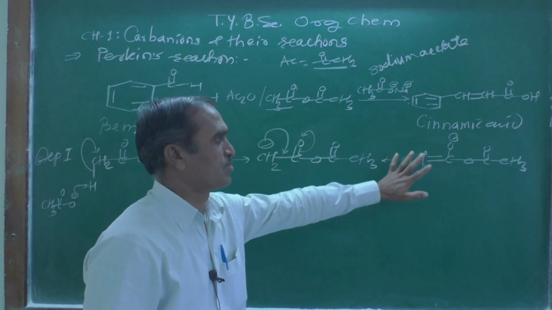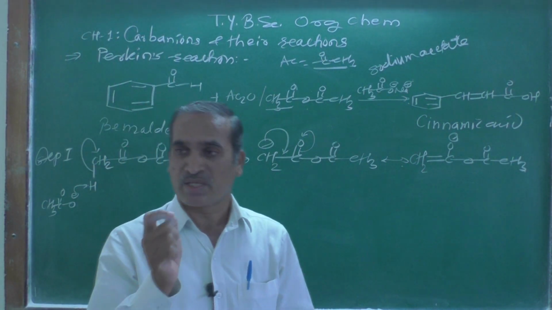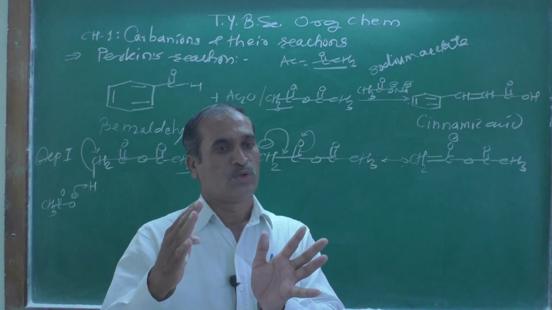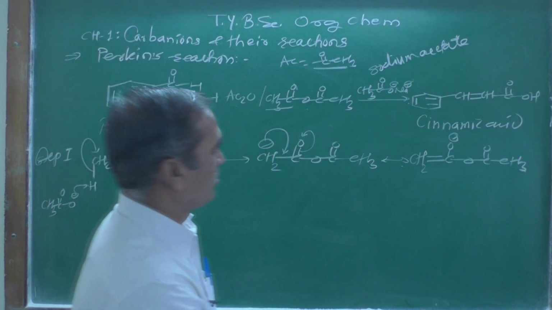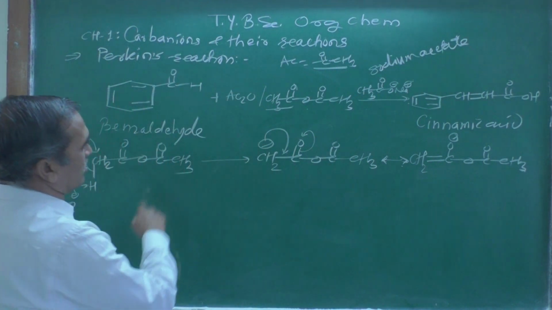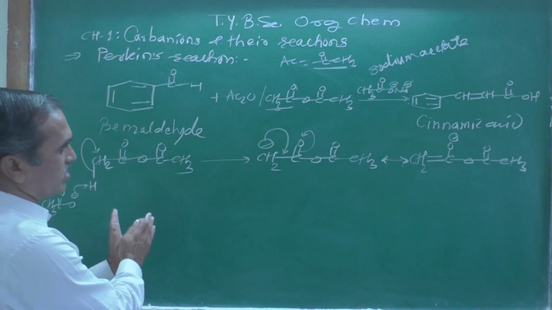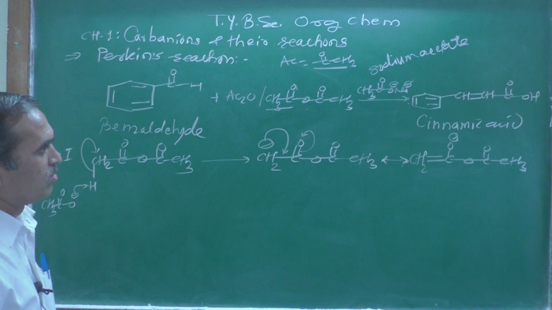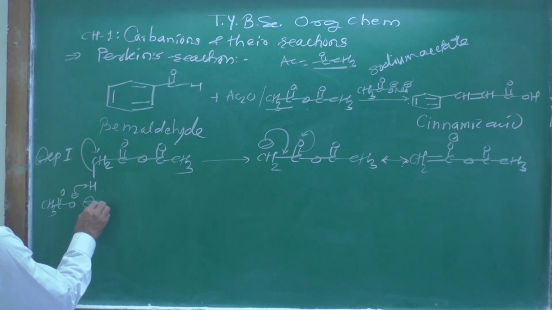This resonating structure clearly indicates there are 2 ways to show the delocalized structure. That is the meaning of that double-headed arrow. The single arrow indicates reacts to give, and that is the meaning of this simple arrow.